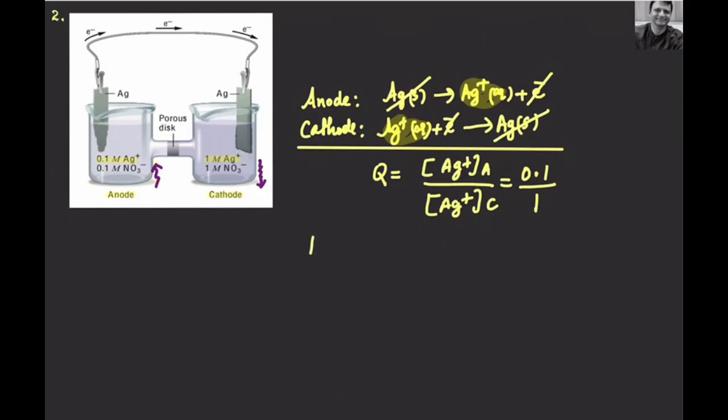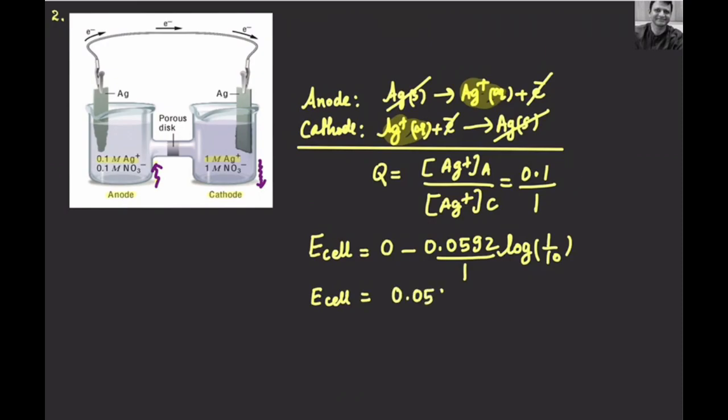So again if we write the EMF of this concentration cell, for concentration cell E0 cell is always 0. At room temperature, we can write 0.0592 upon number of electrons 1 log reaction quotient, that is equal to 1 by 10. So again on simplification this minus will become plus. We can write EMF of this concentration cell is equal to 0.0592 volt at room temperature.